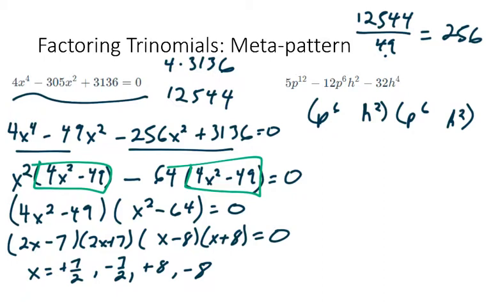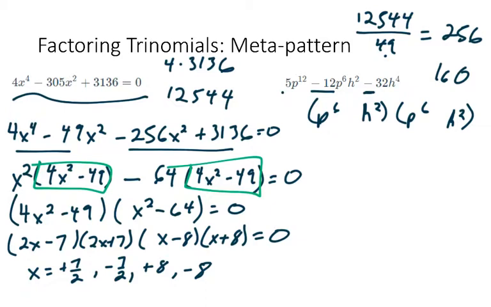I'm going to use my multiple product. So 5 times 32 is going to be 160. What multiplies to 160 but has a difference of 12? How about 8 and 20?